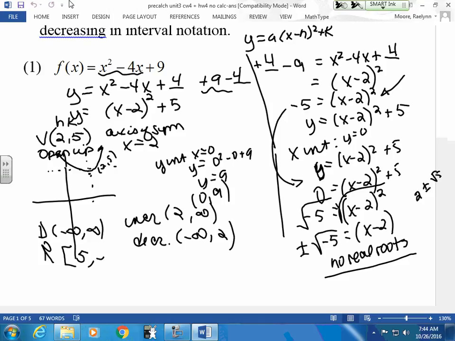Hard bracket, 5 to infinity. Hard bracket if you include it, soft bracket if it's not included. Increasing, decreasing always goes with the soft bracket, as well as infinity signs. They always go soft bracket. Because technically, if you give me a number, you can always find one more. Good? Okay, so you have the other 3 for homework.